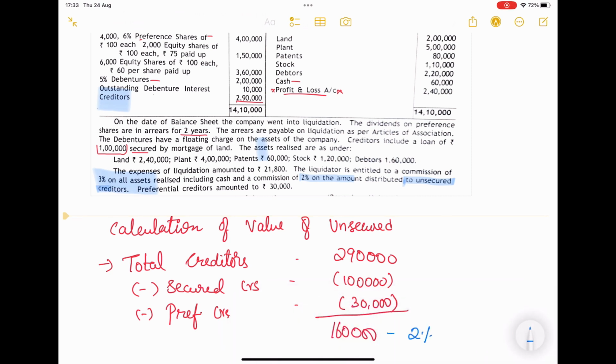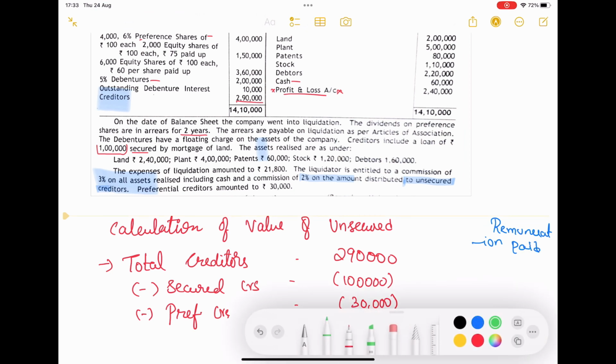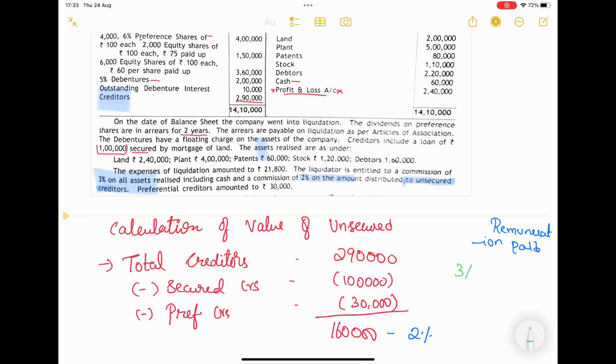In this 1,60,000, how much are we going to pay them? 2% commission. So remuneration is 3% on asset realized, I'll write it in short form, and 2% on unsecured creditors. The value of unsecured creditors is 1,60,000 here.